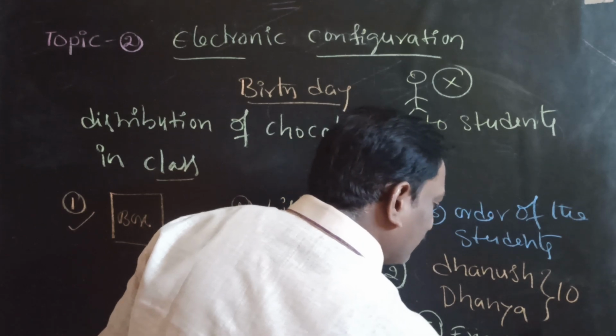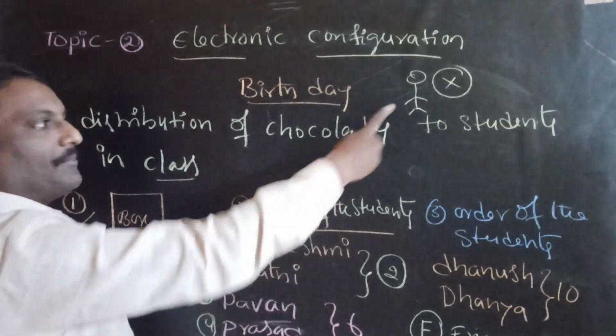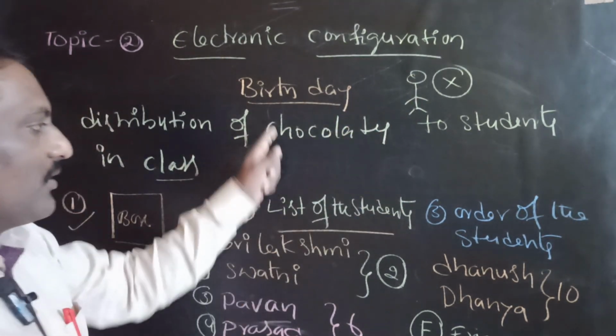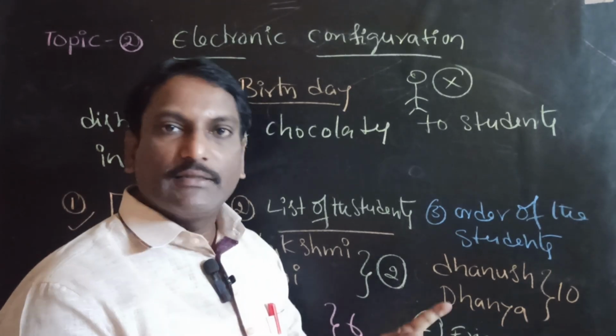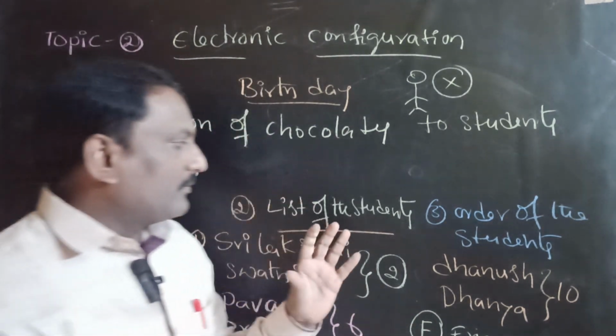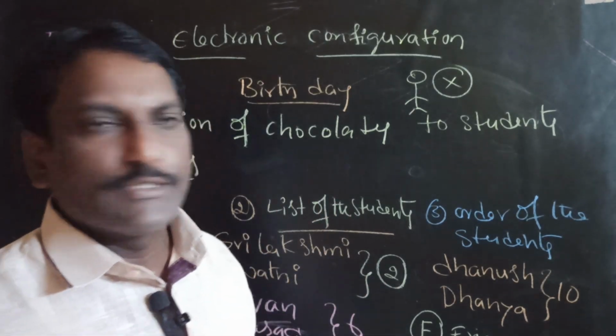She would like to give 14 chocolates. So this is the list of students prepared by X for distribution of chocolates regarding her birthday in the classroom. Listen carefully. This is a basic example to understand what the actual electronic configuration is.